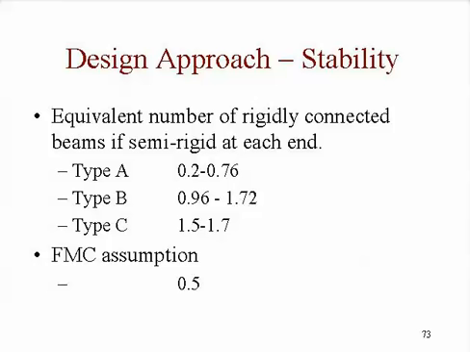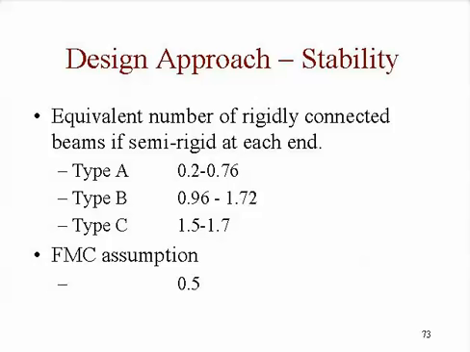Now, if they were fully restrained connections, what would we expect that number to be? 2, right? One beam from each side, fully restrained at both ends, we'd have 2 beams. So clearly, a type A connection, a double web angle connection, doesn't provide a whole lot of restraint to the column. And a type C connection may be very close to a rigid connection.